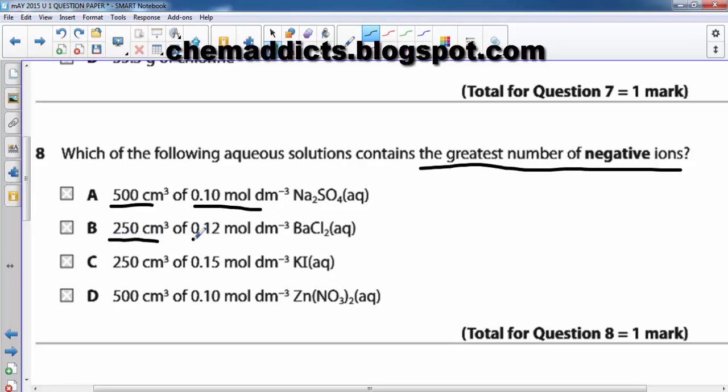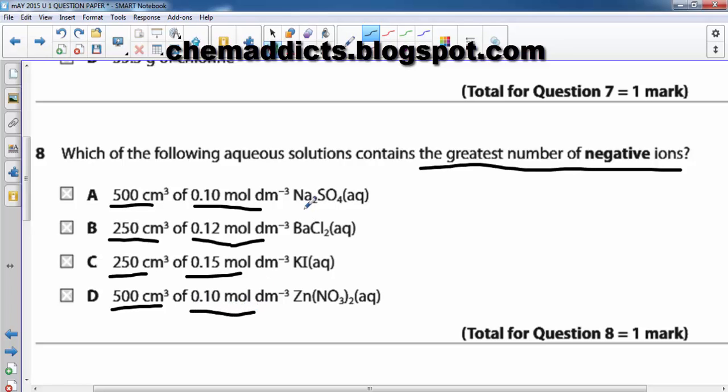The volume and concentration of each solution is given, so I can easily find the number of moles. And if I find the number of moles, then I can easily predict which should be the greatest number of negative ions.